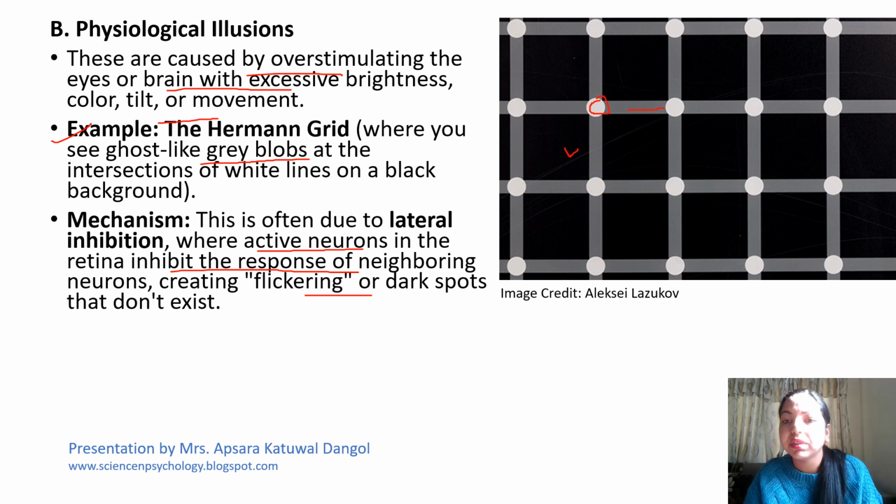Actually, that dark spot does not exist, but it appears because of lateral inhibition, where active neurons in the retina inhibit the response of neighboring neurons. So it creates flickering of the dark spot that does not exist.